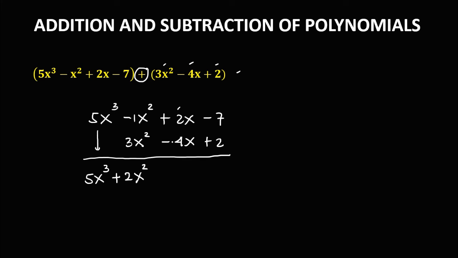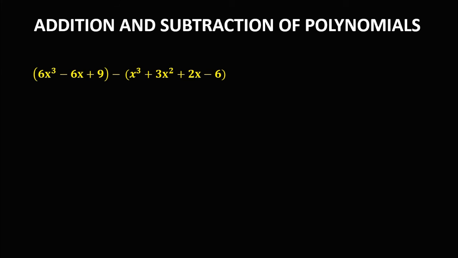Then this positive 2 minus 4, since 4 is greater than 2, this one is negative. And 4 minus 2, this one is 2, then bring down x. Then this negative 7 plus 2, since 7 is greater than 2, this one is negative. 7 minus 2, this one is 5, so negative 5. So this is now the sum of these polynomials.